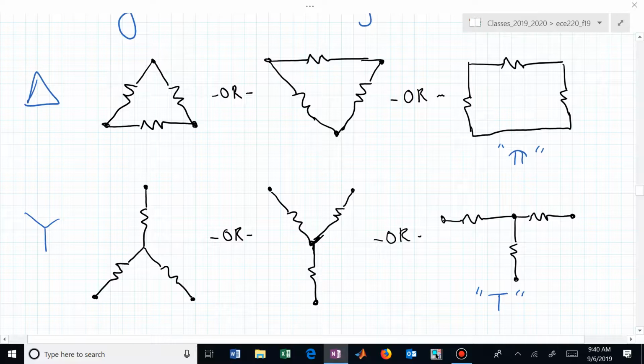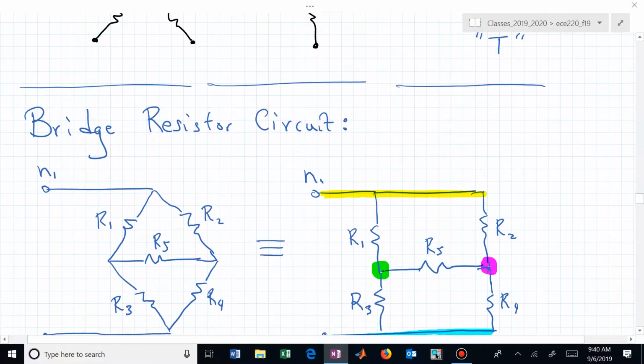A lot of times we're going to have a delta. We want to replace it with an equivalent Y interconnection so that we can perform our series parallel combinations. When we have a triangle, or a delta, it's not easy to analyze the circuit.